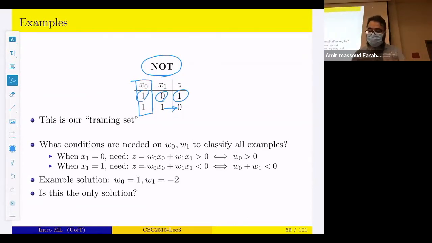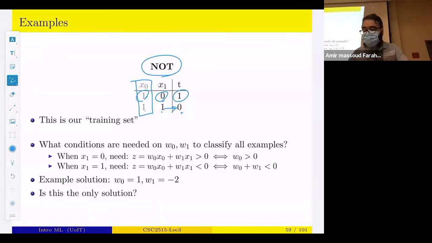So consider this is our training set. For the input 1 and 0, the target should be 1. For 1 and 1, the target should be 0. So we want to find a linear model that takes these x's and outputs the same as t. So what are the conditions?